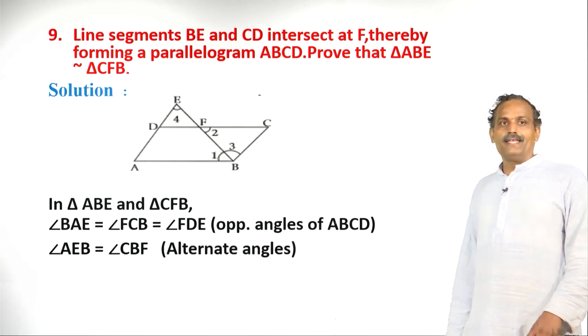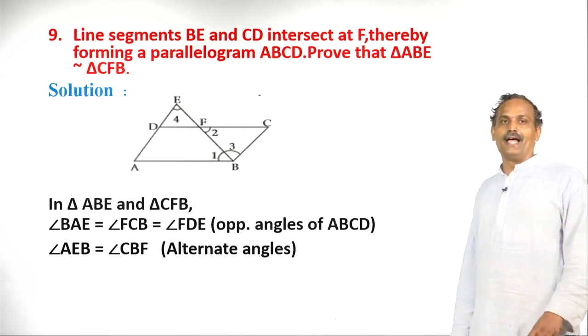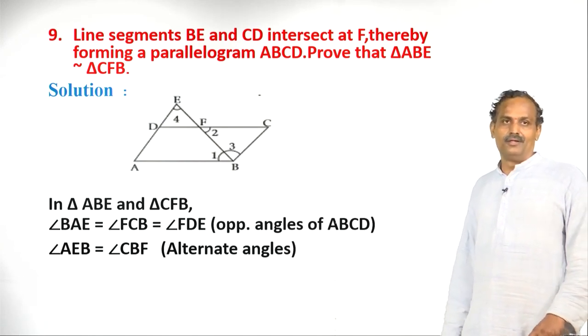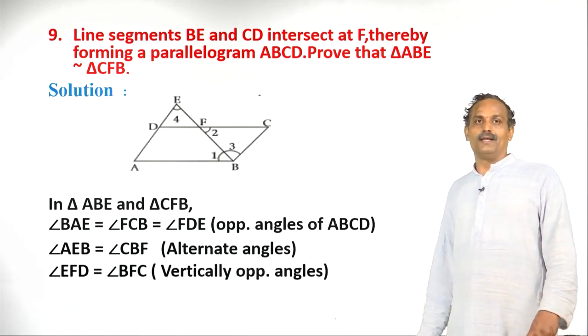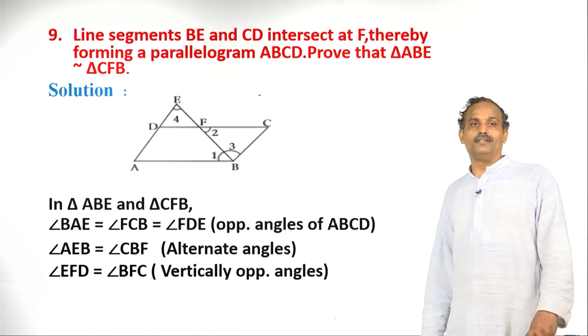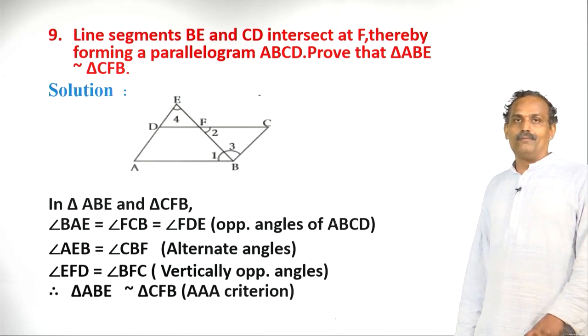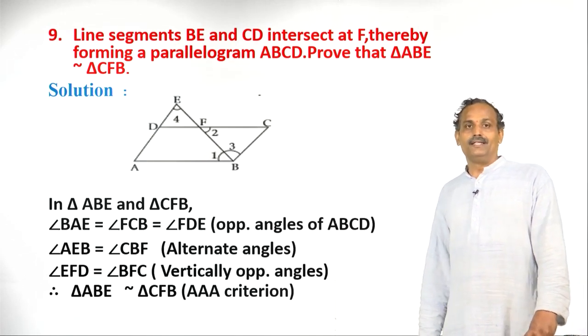Now angle AEB at the top is equal to angle CBF at the bottom right. They are equal because they are alternate angles, as BE is the transversal. Also, angle EFD is equal to angle BFC, because they are vertically opposite angles. Therefore we can easily tell that triangle ABE is similar to triangle CFB. This is by the AAA criterion, which we have already discussed.